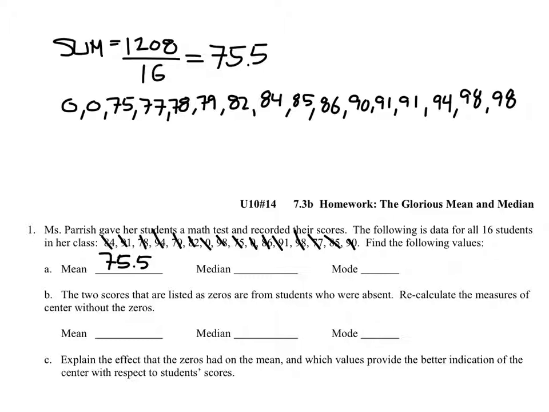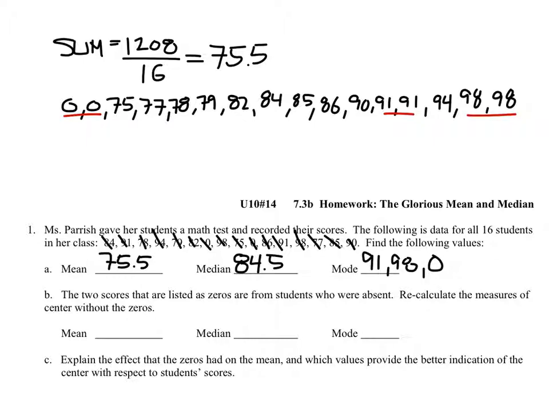So it looks like it's going to be between 84 and 85. So 84.5, very good. The mode is the one that occurs the most often, which appears to be 91 and 98. Have 2 values each. And also 0 right there, right?